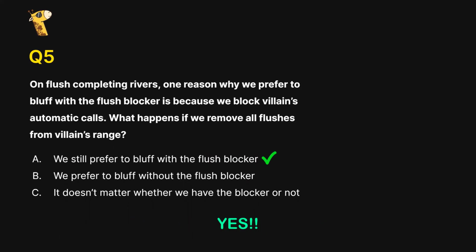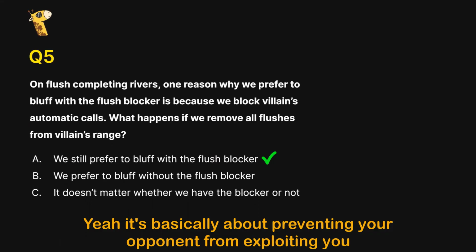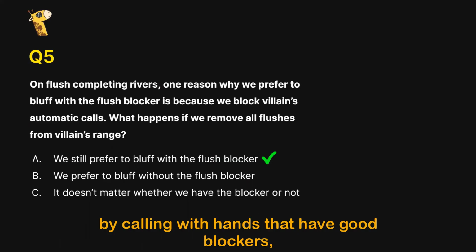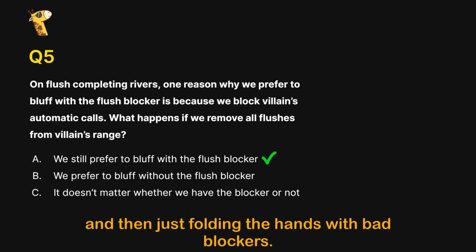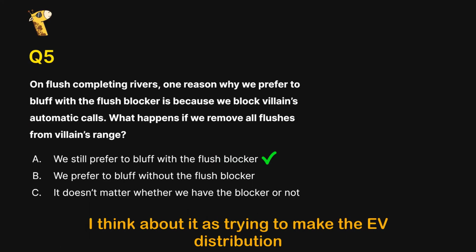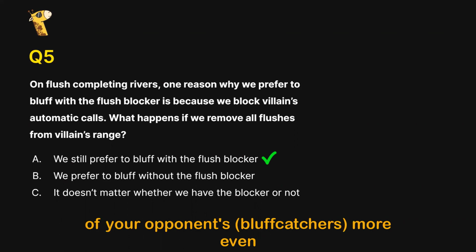Yes! It's basically about preventing your opponent from exploiting you by calling with hands that have good blockers and then just folding the hands with bad blockers. I think about it as trying to make the EV distribution of your opponent's bluff catchers more even.